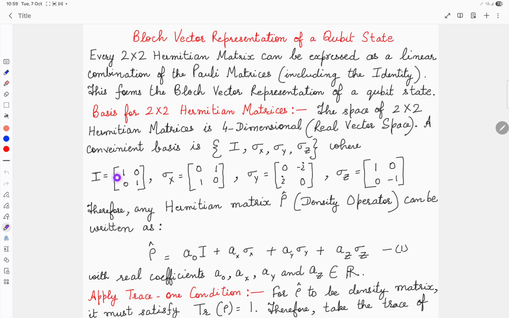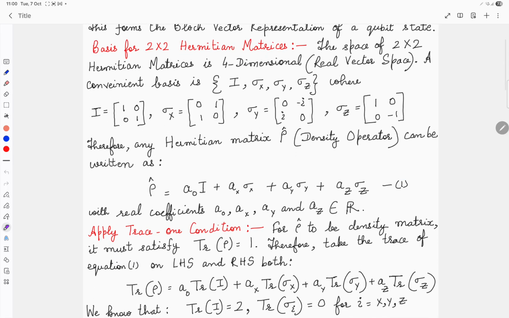Now we know what is an identity matrix, we know what is a Pauli X matrix, Pauli Y and Pauli Z matrices. Now as I say, any Hermitian matrix, let us denote this matrix as rho, which is the symbol normally used for the density operator, because we will develop the Bloch vector representation in terms of the density operator. But this is true for any 2 cross 2 Hermitian matrix.